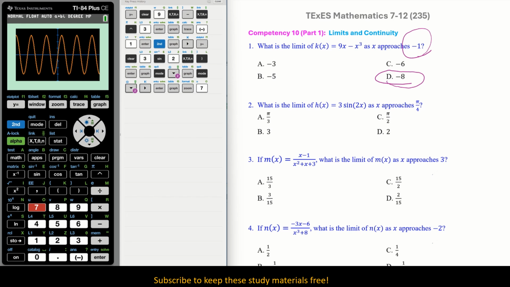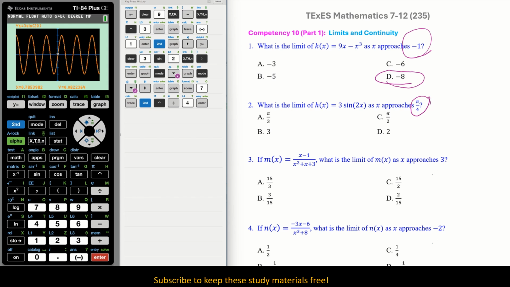So now we say trace. And we need to actually put in pi over 4 like we did for the -1. Let's try it. Second, caret up, divide by 4, enter. They're saying that's a little dicey. I don't agree with that.